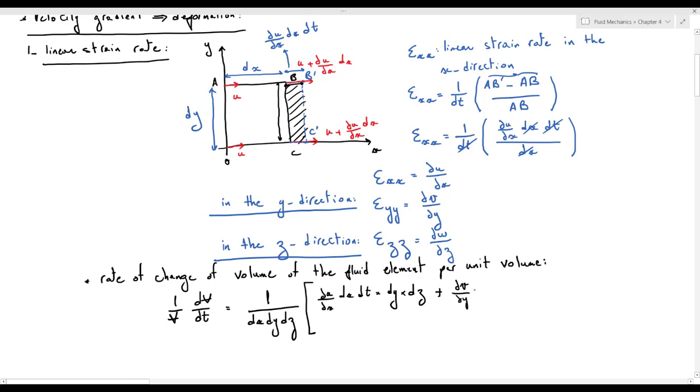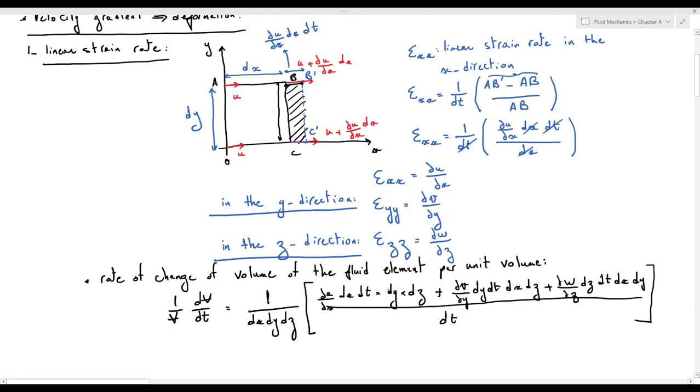We add to the change in volume in the y direction, del v over del y dy dt dx dz, plus the change in volume in the z direction, plus del w over del z dz dt into dx dy, over dt. So now we can remove dx dy dz dt from both the numerator and the denominator.